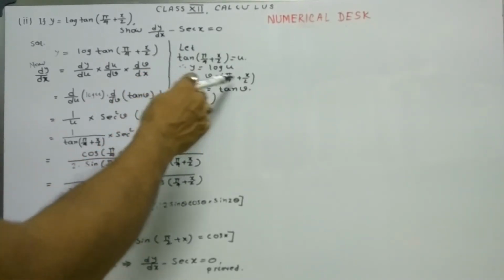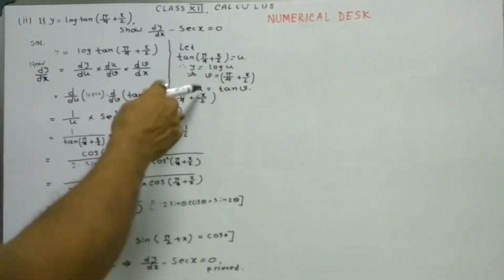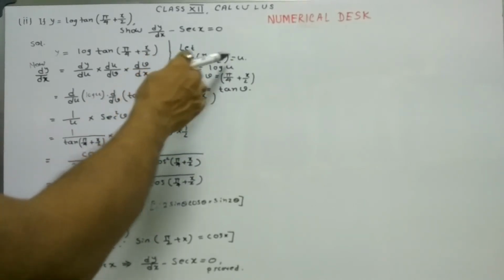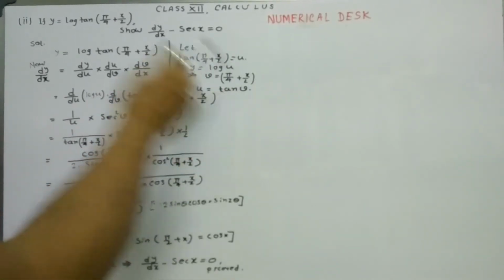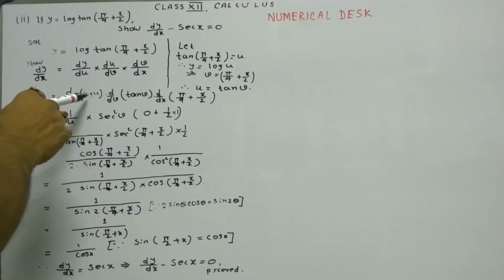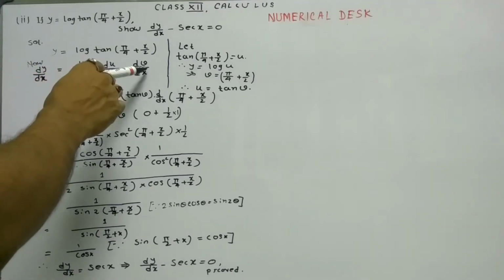So y becomes log tan u, where pi by 4 plus x by 2 equal to u, so y becomes log u. So log u is a standard form again, and v equal to, we have assumed the x function, pi by 4 plus x by 2.